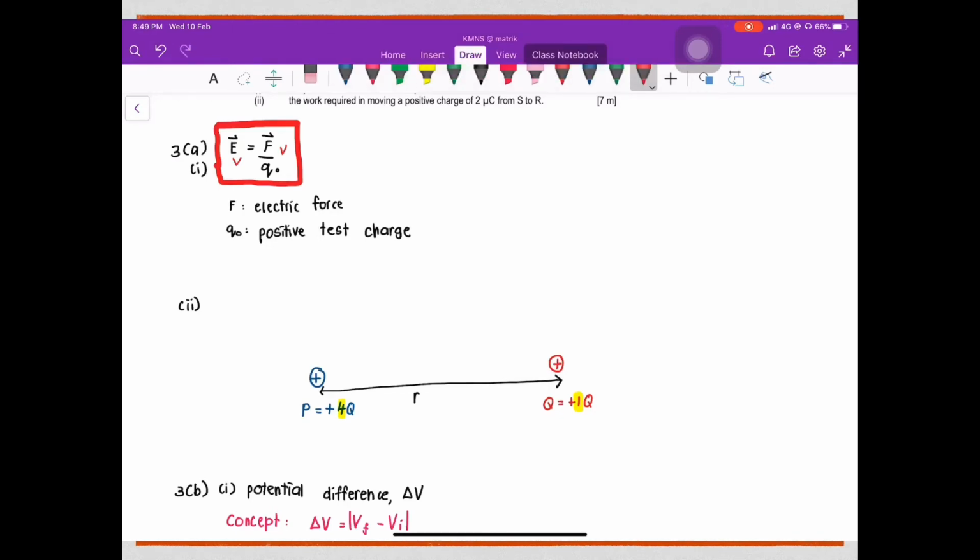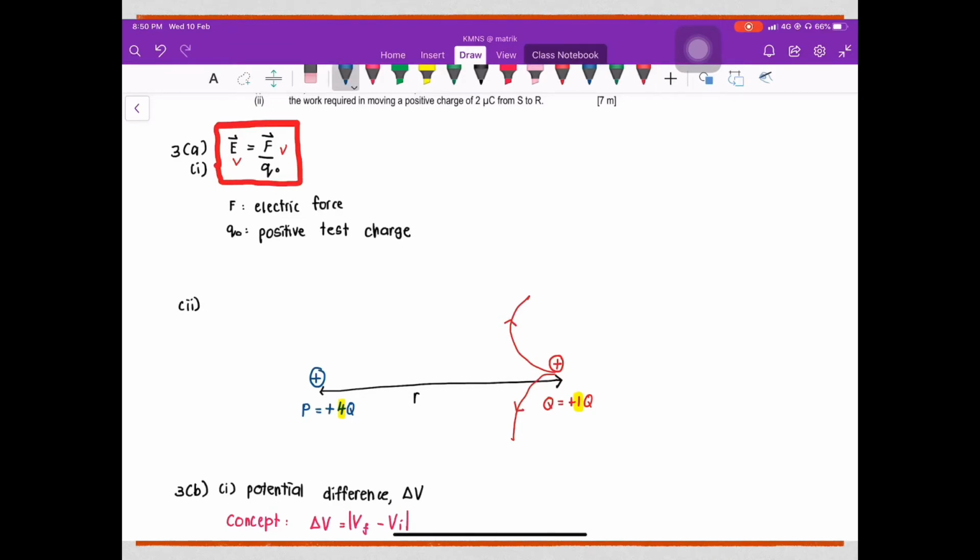So now what happened? The charges will repel each other. So let's say this is 1, 2 with arrows outward.